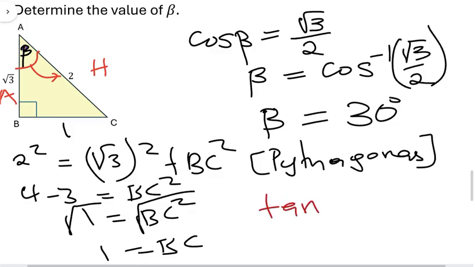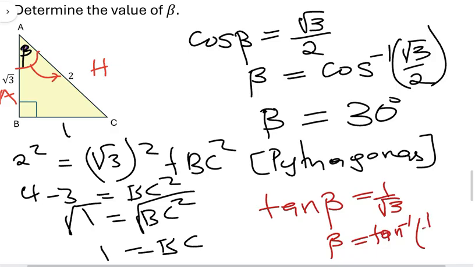Tan of beta, for instance, will be equal to the opposite, 1, over the adjacent, root 3, which means that beta is equal to tan inverse of 1 over root 3, and you are going to get exactly 30 degrees.